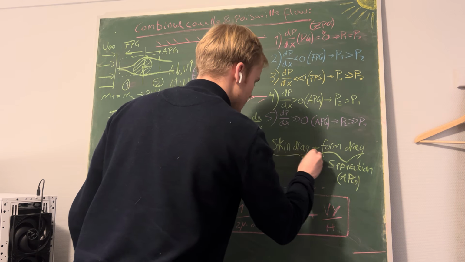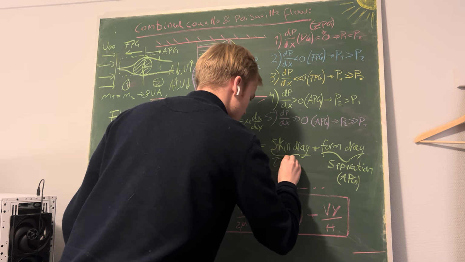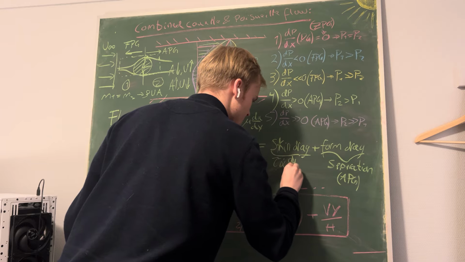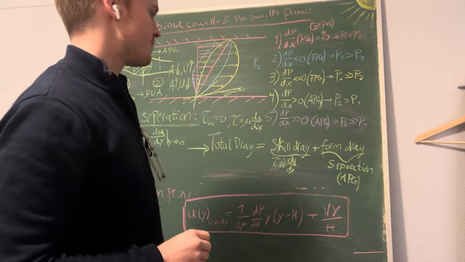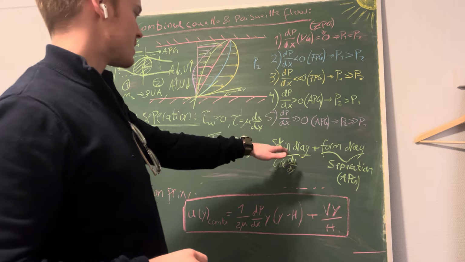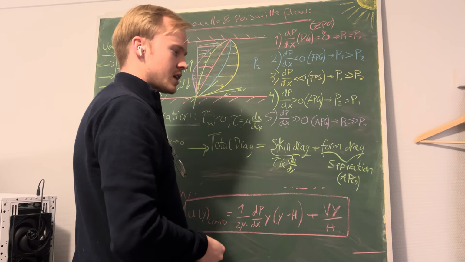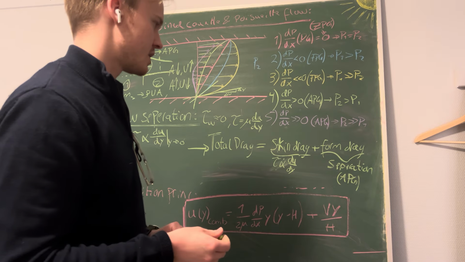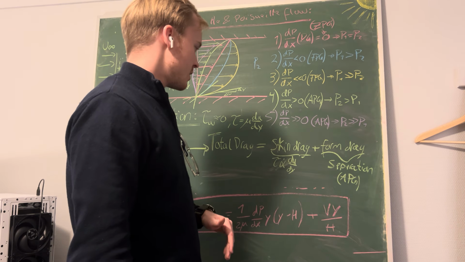And the skin drag is proportional to our gradient du/dy, the shear stress. But the thing about this is that form drag is of a higher order of magnitude. This term is dominating very often.